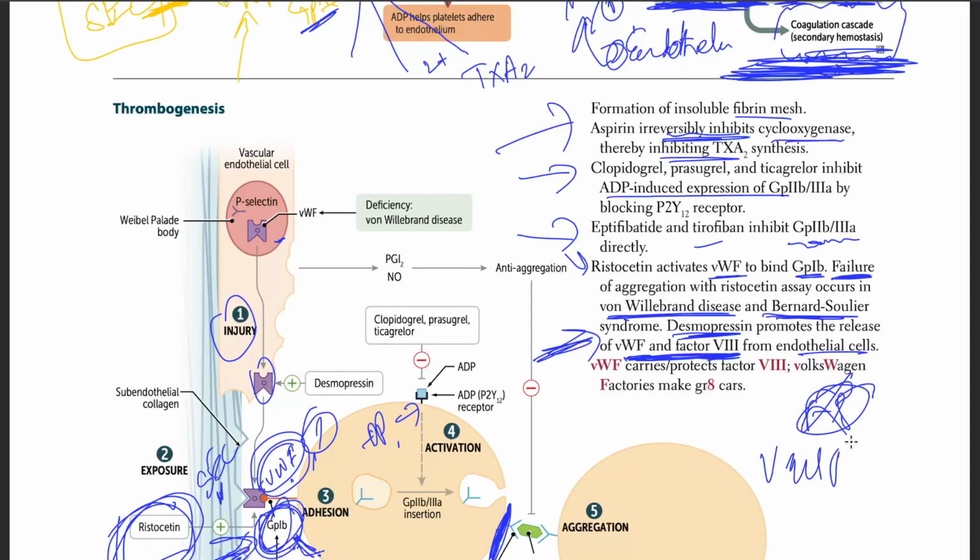So von Willebrand factor has the factor 8 with it. So if you were to stimulate the endothelial cell, it's going to release the von Willebrand factor and factor 8. Here's the thing that I'm talking about. Von Willebrand factor protects the factor 8.